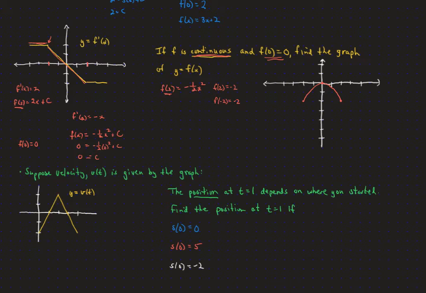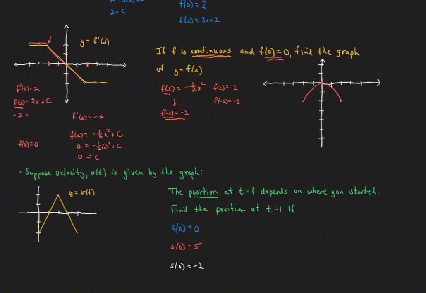So f of negative 2 is going to be negative 2, so that becomes the part that we're going to plug in here.